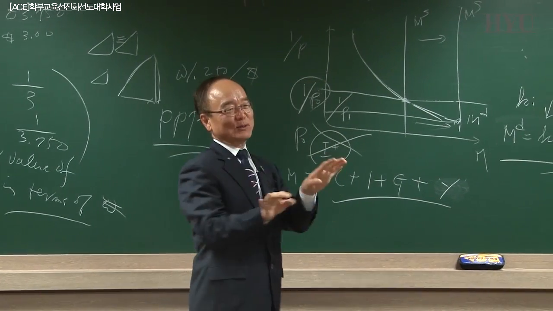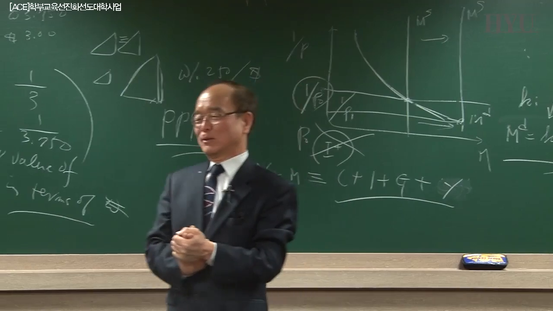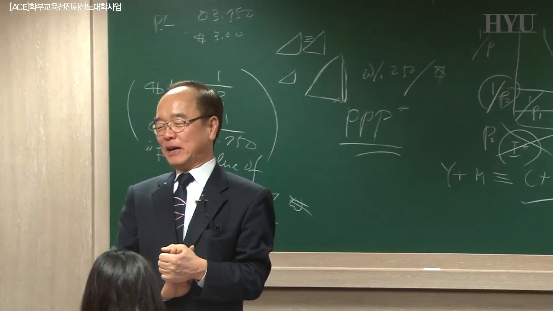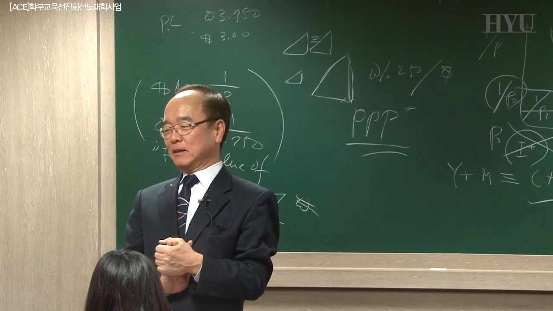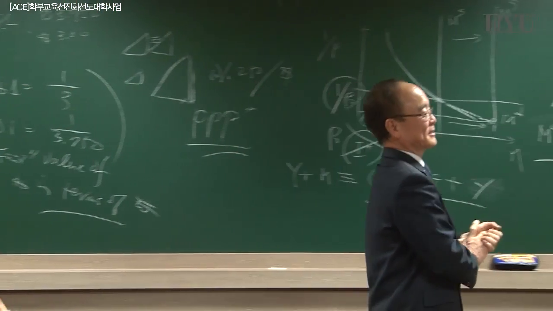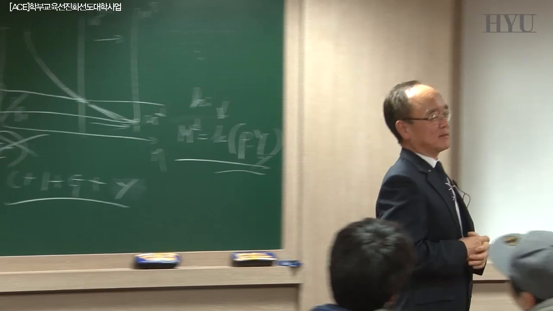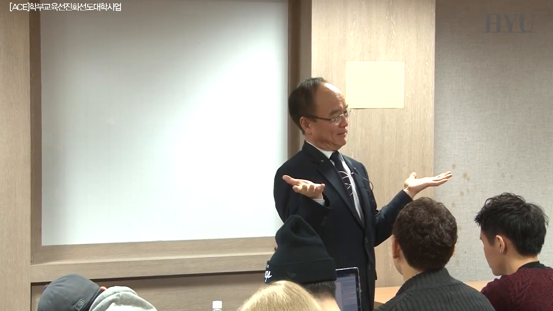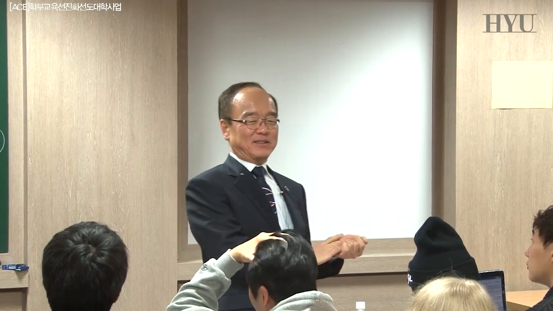There is no way to add 3 apples plus 5 oranges. How many? You cannot tell, right? So 3 apples plus 5 oranges, how many do we have? All right. Okay. So 3 apples, one apple is $3, and then one orange is $2.